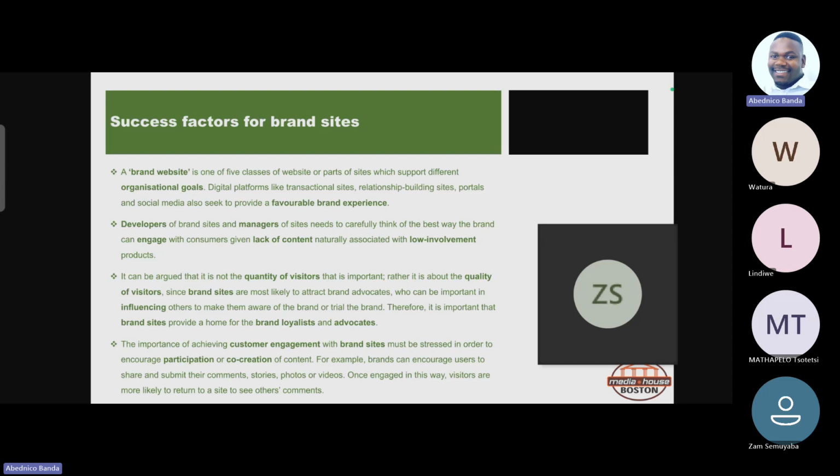I'll give you an example, guys, and I want you to answer me carefully there. So let's say there are two brands. There is a Matapelo brand, which is on Facebook, and there is a Lindiwe brand, which is also on Facebook. Matapelo sells drinking products as well as Lindiwe, who is also selling drinking products. Matapelo has got 500,000 followers on her Facebook page, and Lindiwe has got only 50 followers on her Facebook page.